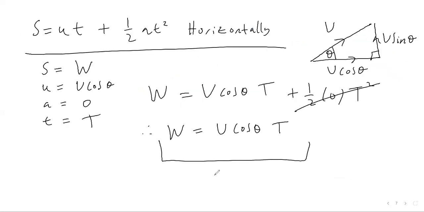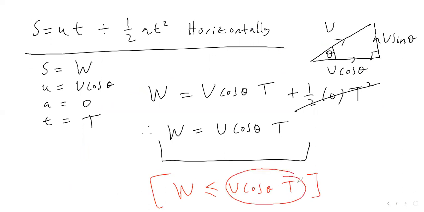So for that kind of calculation, you would say that W must be less than or equal to u cos theta T. Remember, W is your width, but you want your displacement to be bigger than or equal to that. So you want your u cos theta T to be bigger than or equal to the width.